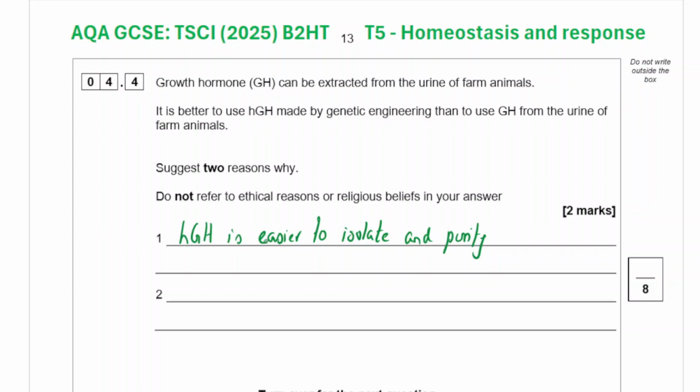Whereas in the bacteria genetically modified version of HGH, you're only going to have this particular hormone in the solution.